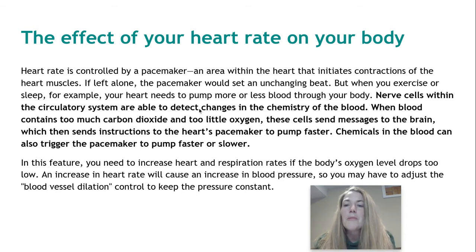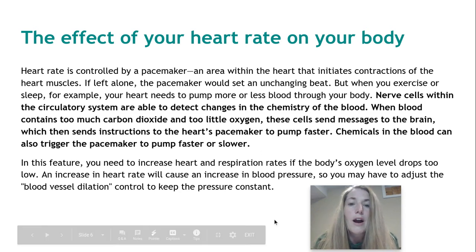Back when we did the mealworm lab, we used bromothymol blue as an indicator to see if we had added carbon dioxide, because it had changed the pH. Well, your brain actually has the ability to know the pH of your blood. If there's too much carbon dioxide, the pH changes, and that sends a signal that you need to increase your heart rate, which will also increase your respiration rate, and get rid of that carbon dioxide and get more oxygen.